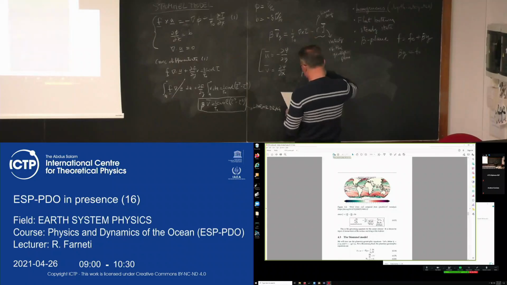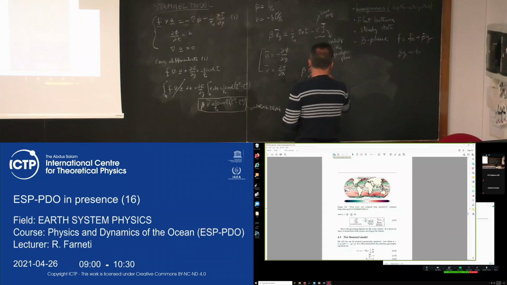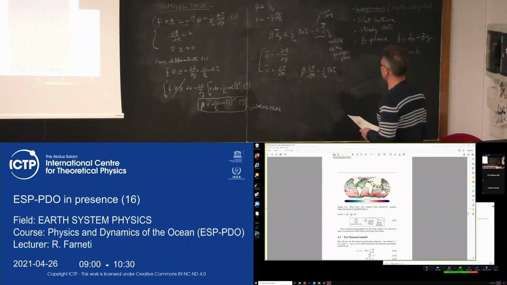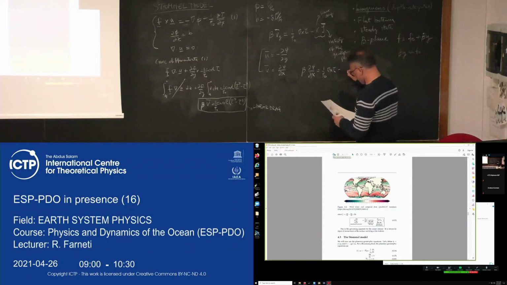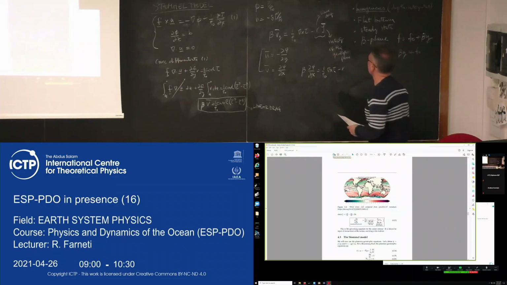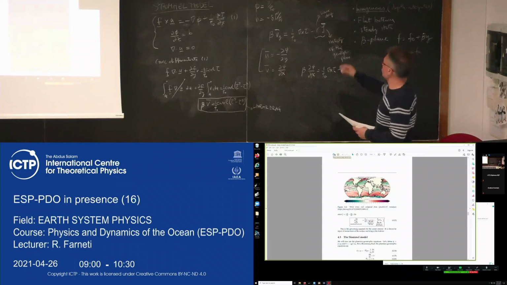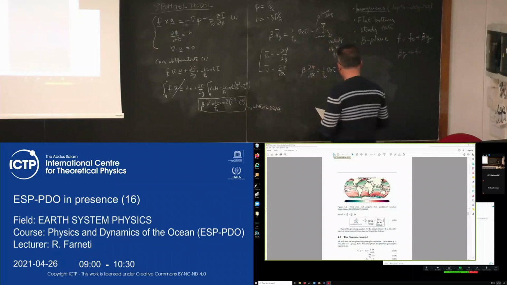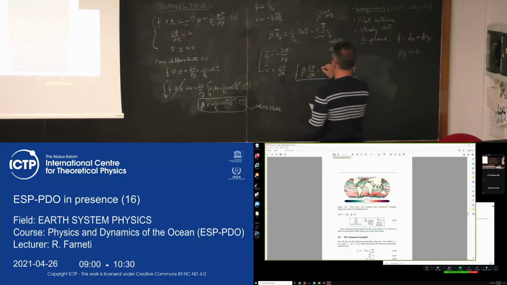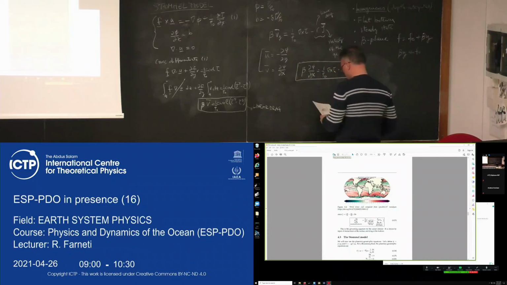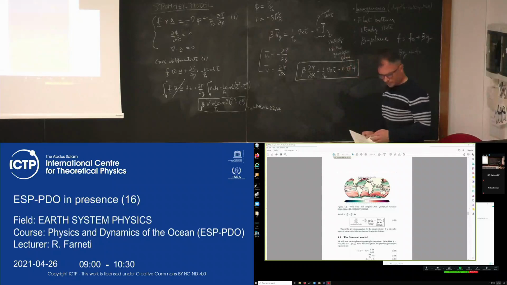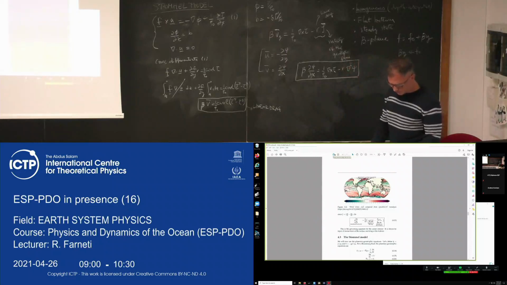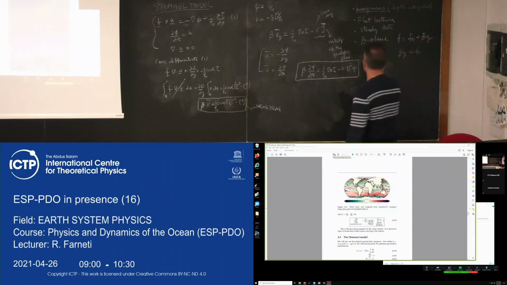And then it's going to be the curl of the wind stress minus your linear drag. And then if you substitute the vorticity of the geostrophic flow with the stream function, then you get the Laplacian of the stream function. Okay. And this is really this Stommel solution.